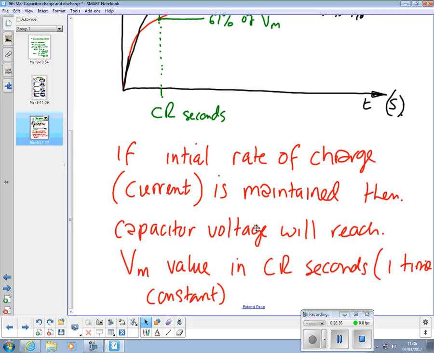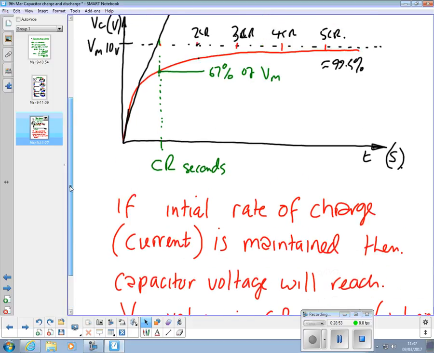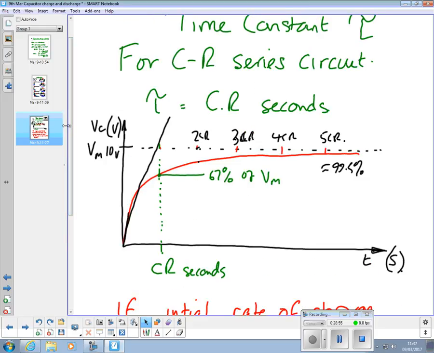But that ramp up is repeatable time and time again under the same conditions. For each time constant after the first one, you travel 67% of the distance between where it is and where it's heading.